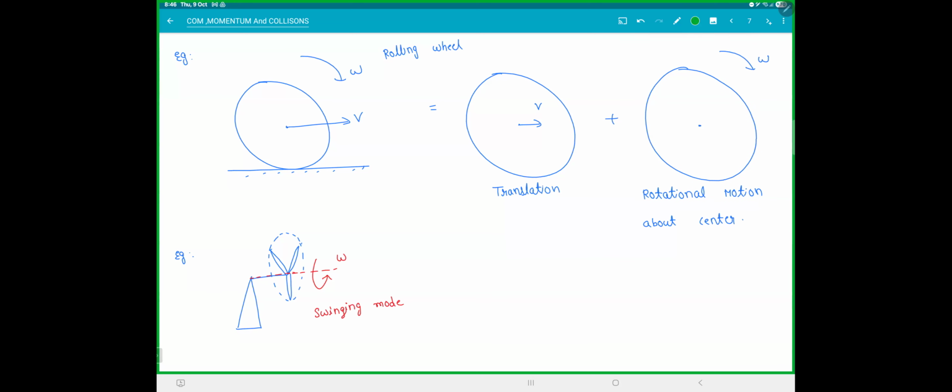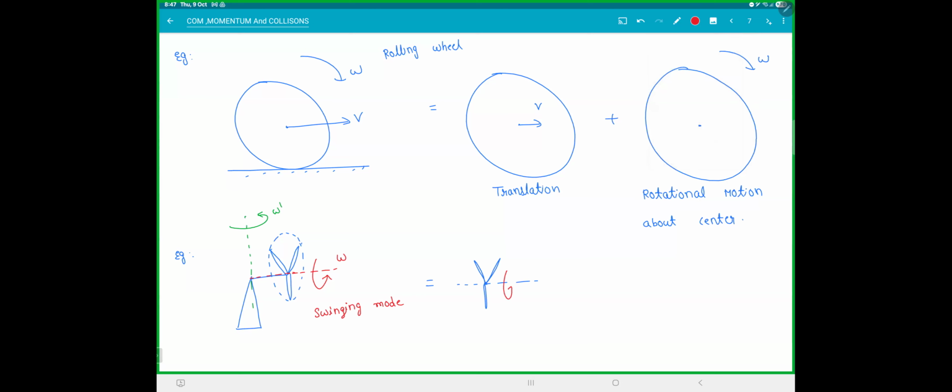The fan itself is rotating, and this whole fan is rotating in another direction. So if you split this motion into two parts, we will handle these kinds of questions in rotational mechanics.